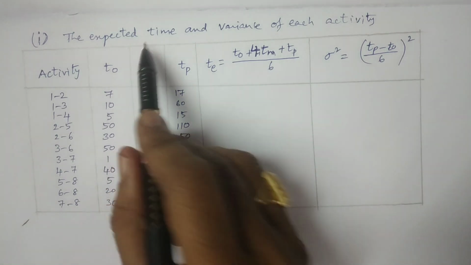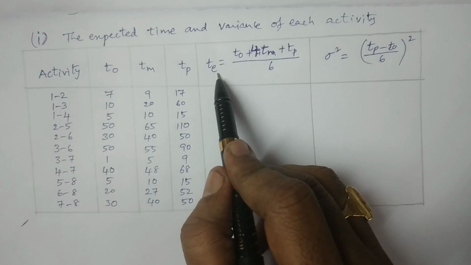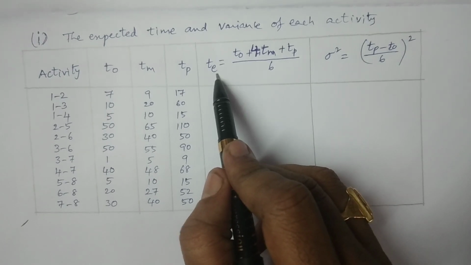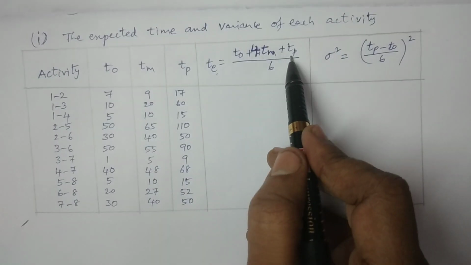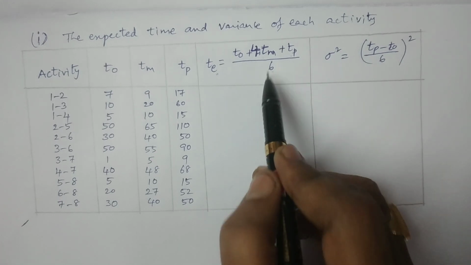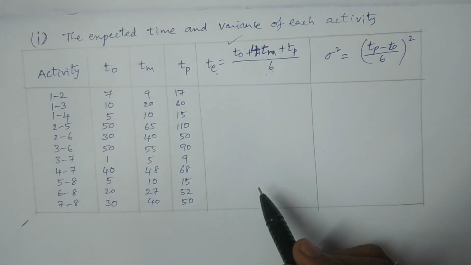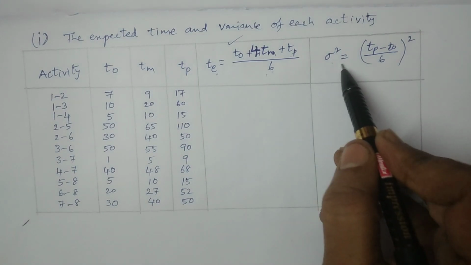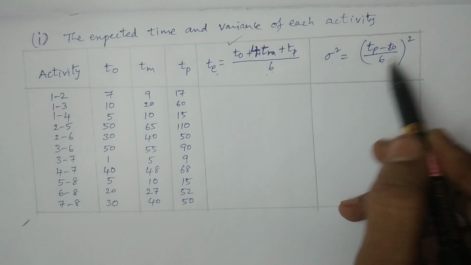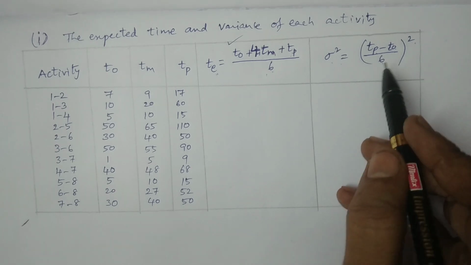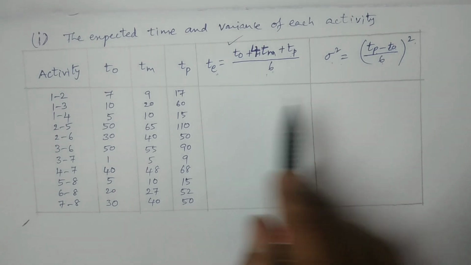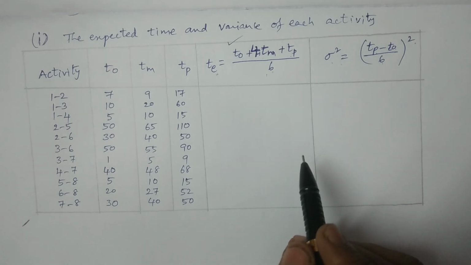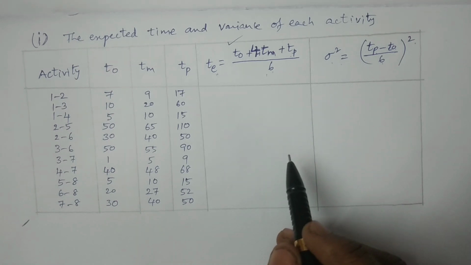So expected time is T. The formula is T naught plus 4 Tm plus Tp divided by 6. This is expected time. And variance of each activity is sigma square equal to Tp minus T naught divided by 6 whole square. So by using these two formulas, we can calculate expected time and variance.